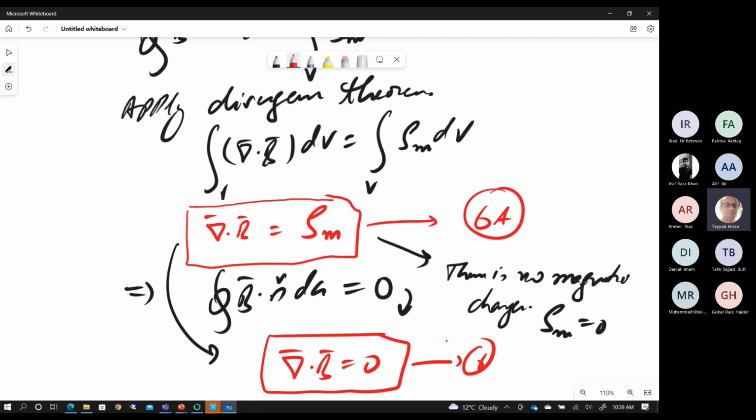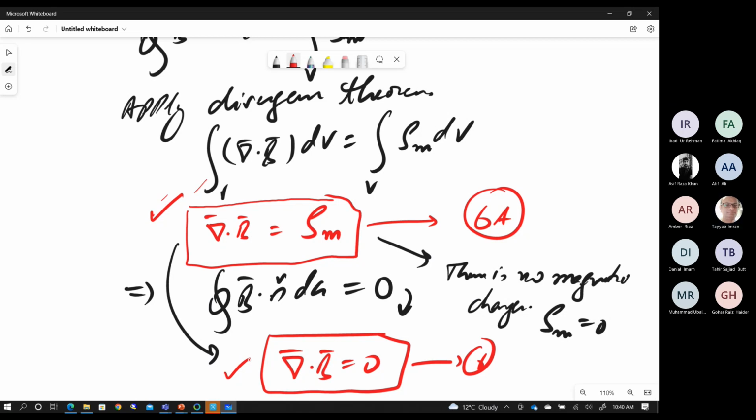Okay, there are two possibilities. In case of this magnetic field equation, if we consider there are magnetic charges, then this equation will be of this form. And if you consider that there are no magnetic charges, then this form. So mostly in case of electromagnetic radiation, we use equation number 6.